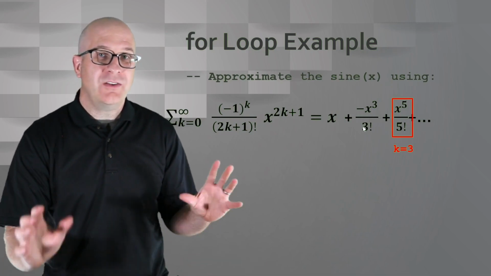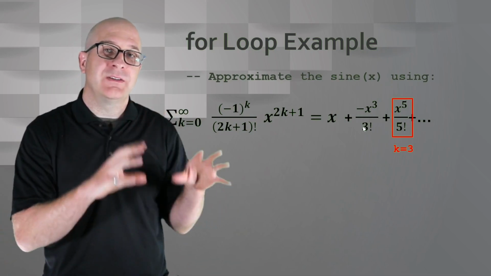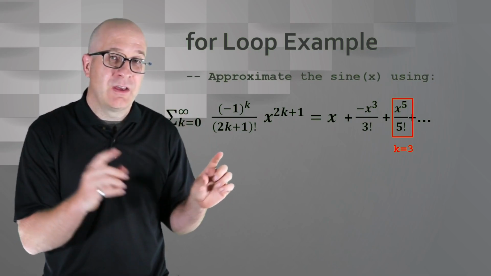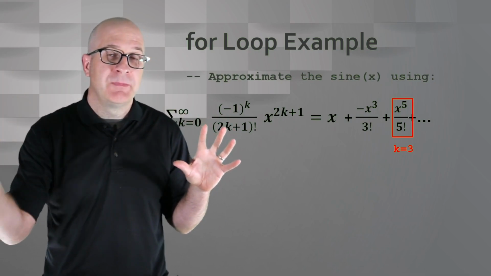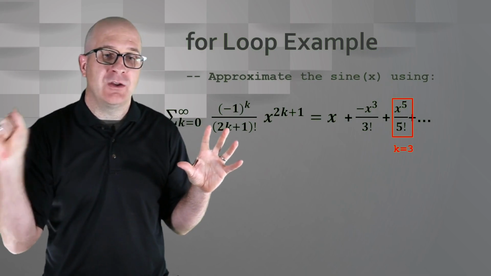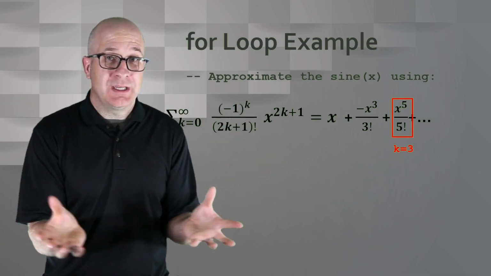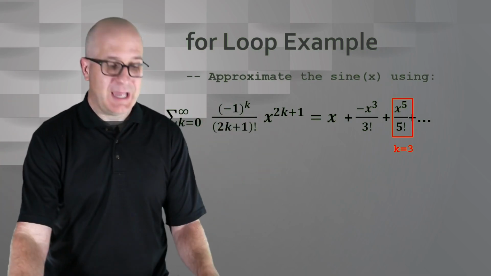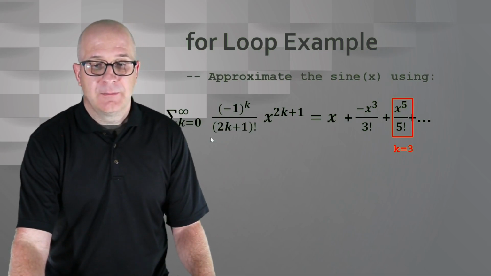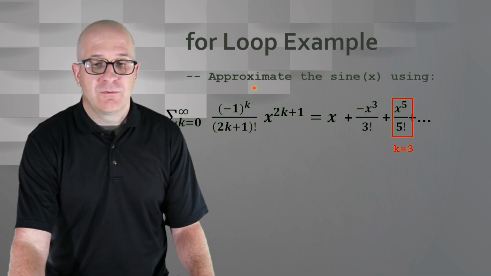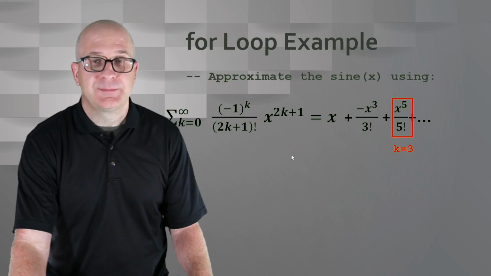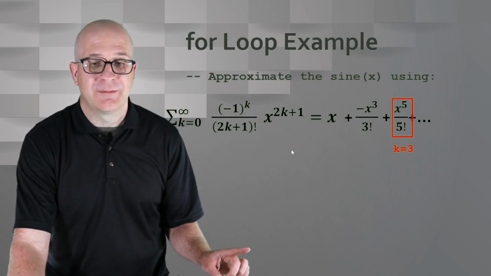So this process here is going to build the approximation of sine x by adding a new term every time we perform that loop, right? So the loop here, or the repeated process, is to add the expression here for the kth loop. Hopefully that makes some sense.